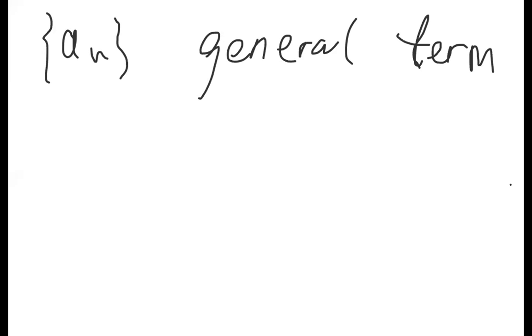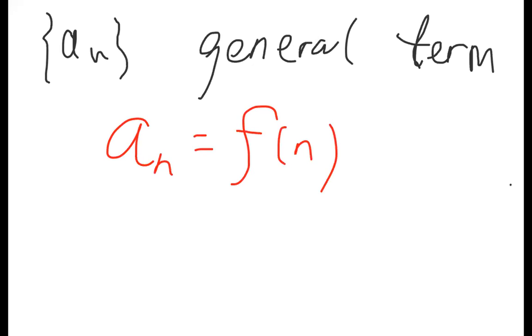And then you only input the natural number into it, and the output becomes the number in the sequence. So like a_n is f of n, where n is a natural number.